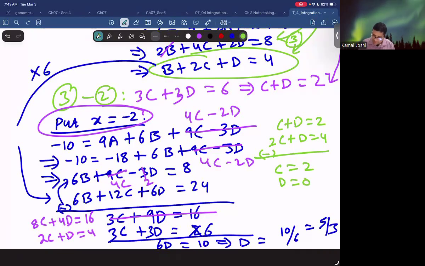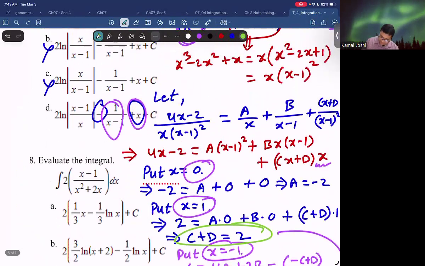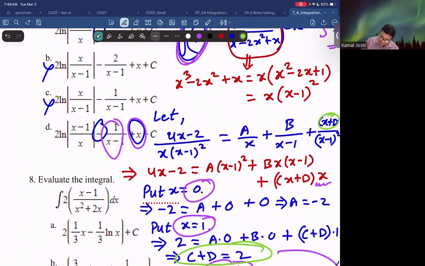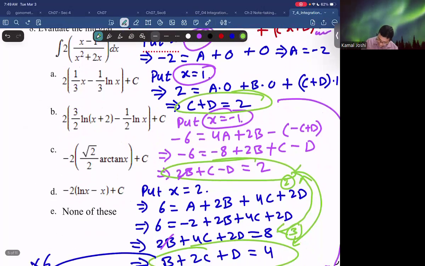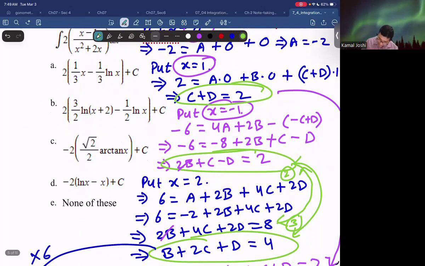I was right about that. c is 2, d is 0. If c is 2, d is 0 here. This is 2 only. Okay. And if you plug in that, you will get the value of b also. c is 2, d is 0.